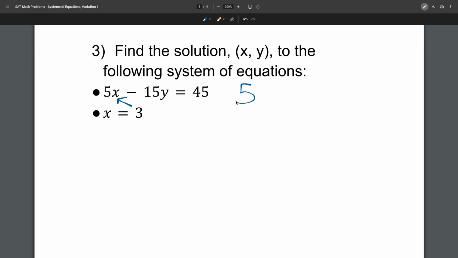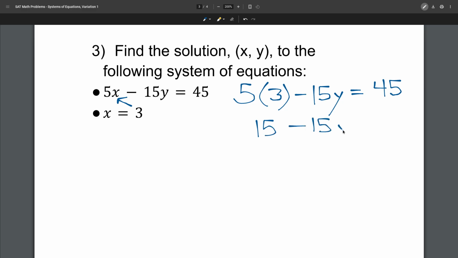The top equation, let's write as 5 times 3 minus 15 times y, and set that equal to 45. Okay, 5 times 3 is 15, minus 15y equals 45.